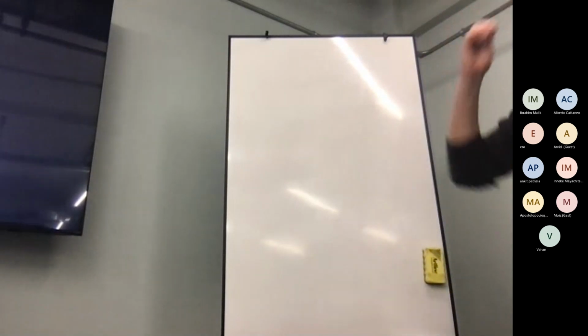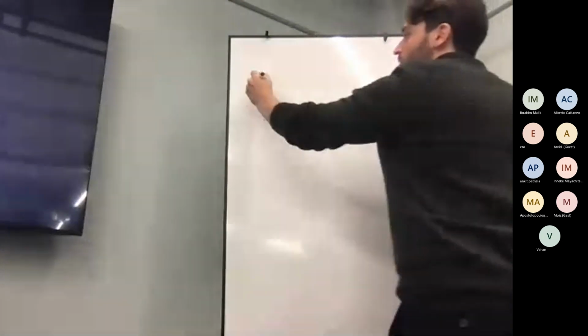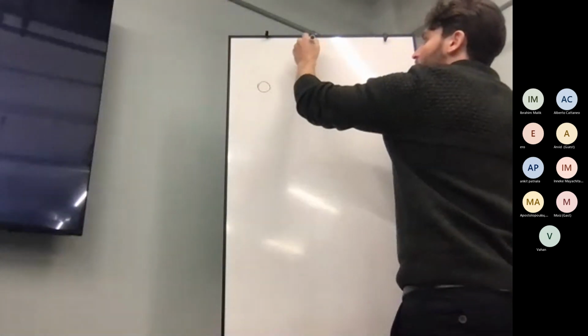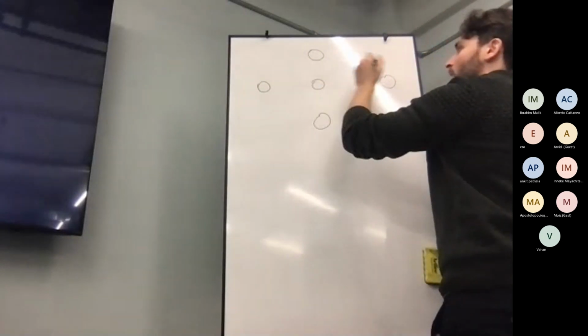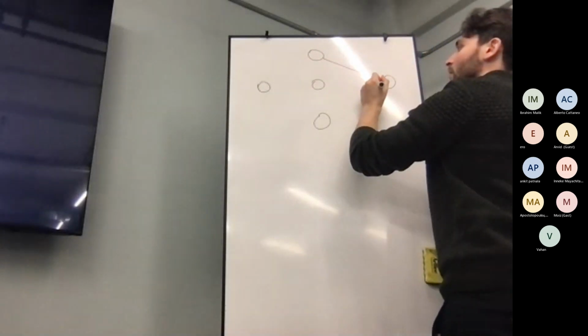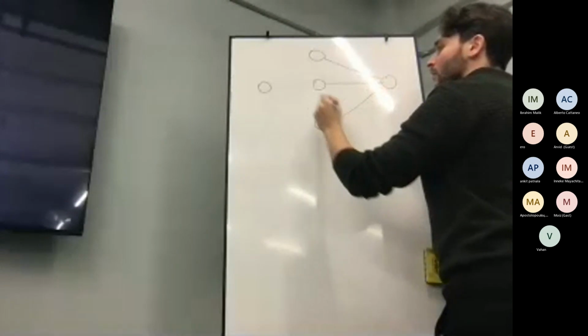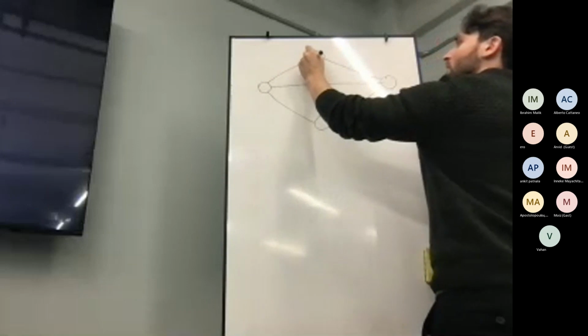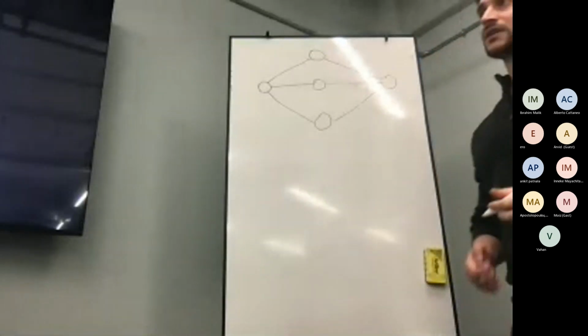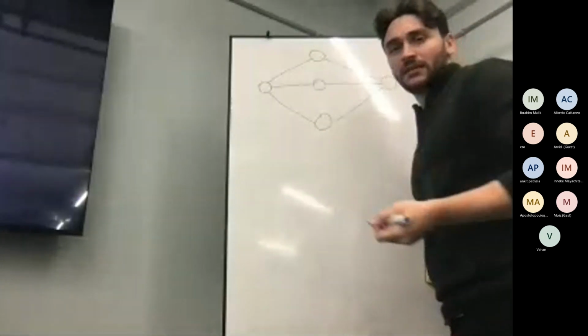So let's draw a really simple graph. In this case, all of the nodes are the same.